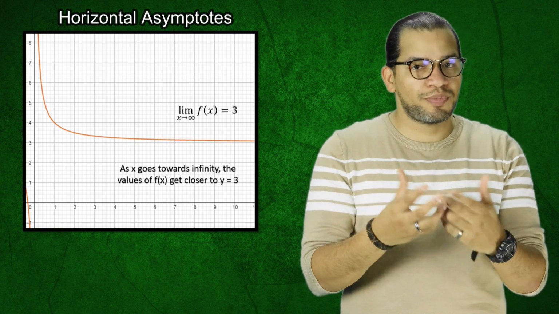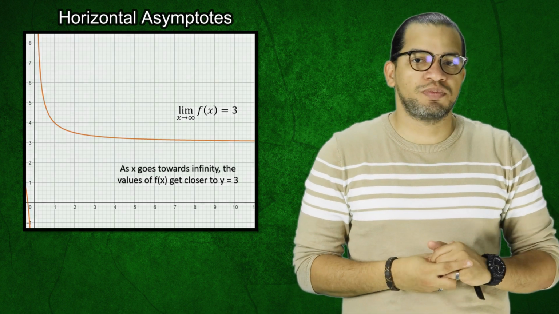Then 3 represents a horizontal asymptote for the function. Now, we just learned the concept of horizontal asymptote. Now, as there is a concept for this, there's also a concept for vertical asymptote.